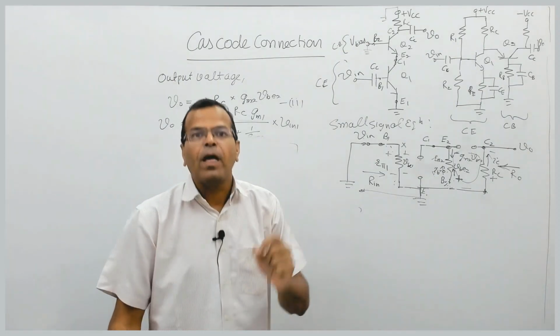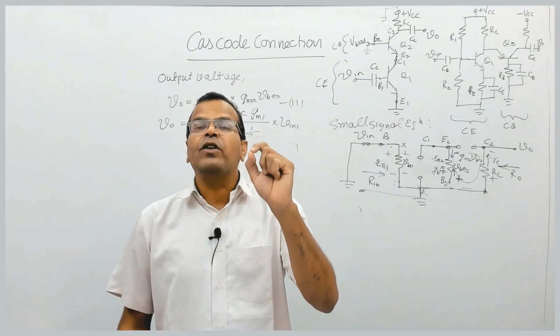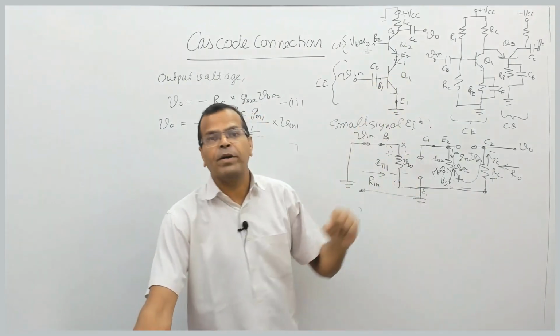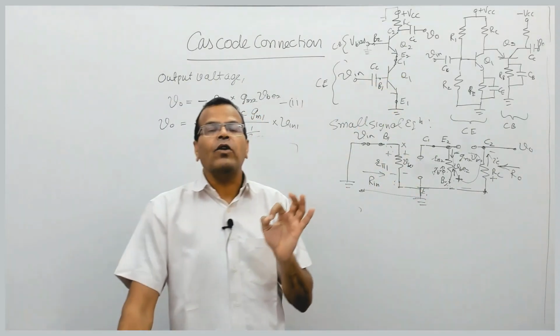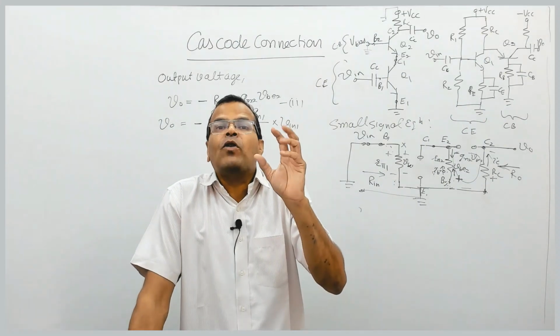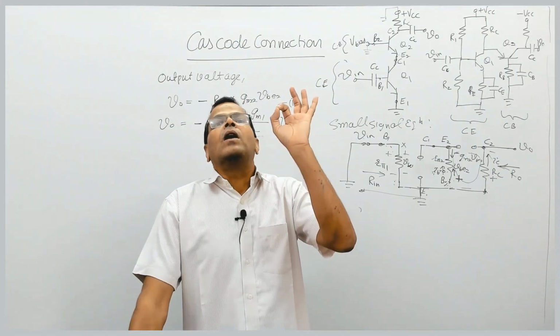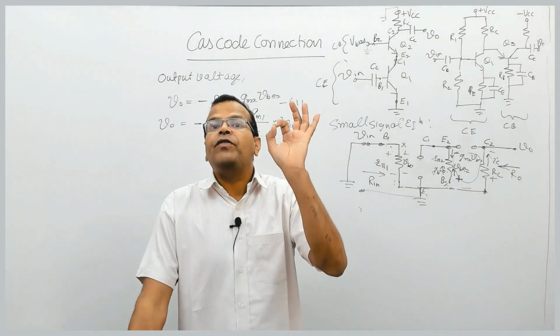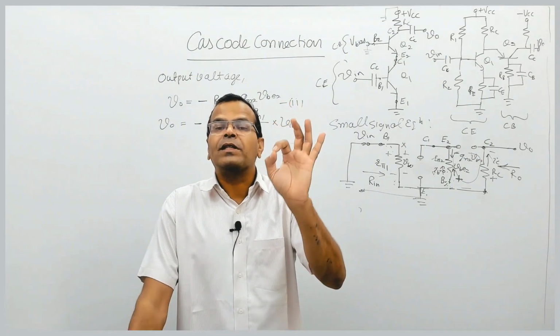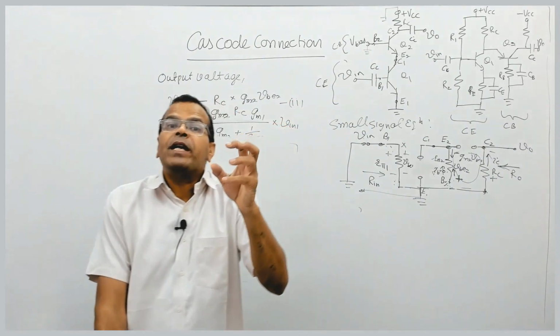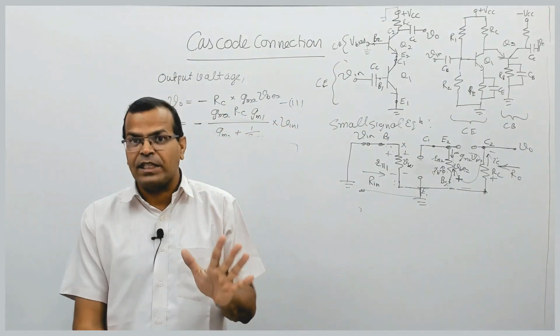3, that is important, but we have not proved that part. You should remember the overall voltage gain of the input stage. Input stage is what? This common emitter. The overall voltage gain of the input stage is capped at the order of unity in order to eliminate the effect of Miller capacitances.